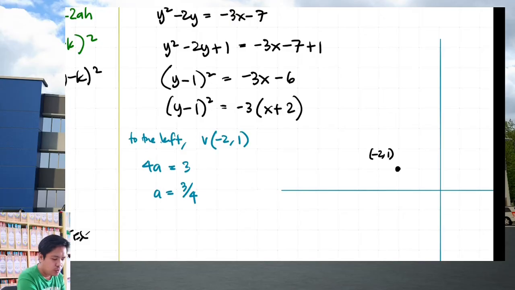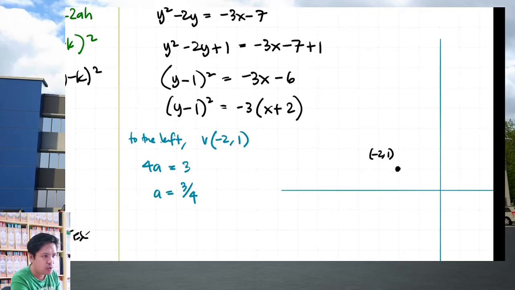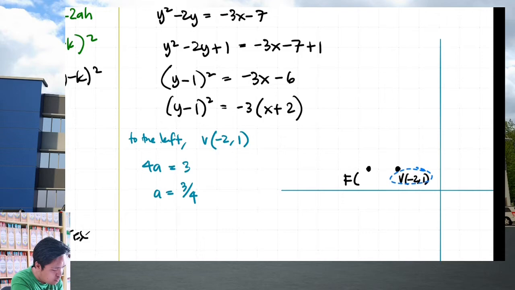Now, kung it's opening to the left, that means we'll move from this vertex, we'll move a units to the left. Okay, so by 3/4, that's 0.75, so around right here. So eto siya. This is now the location of the focus. Ito yung vertex, then yan yung focus.